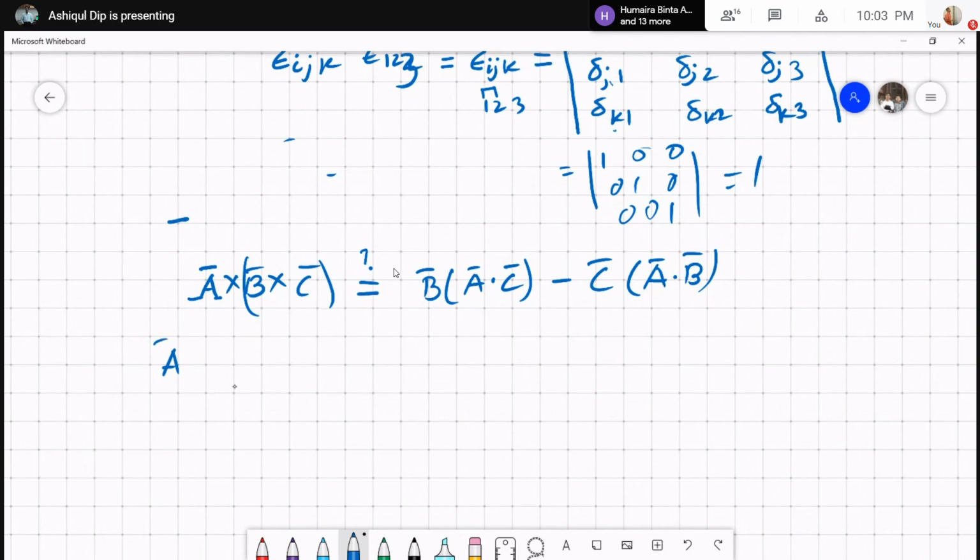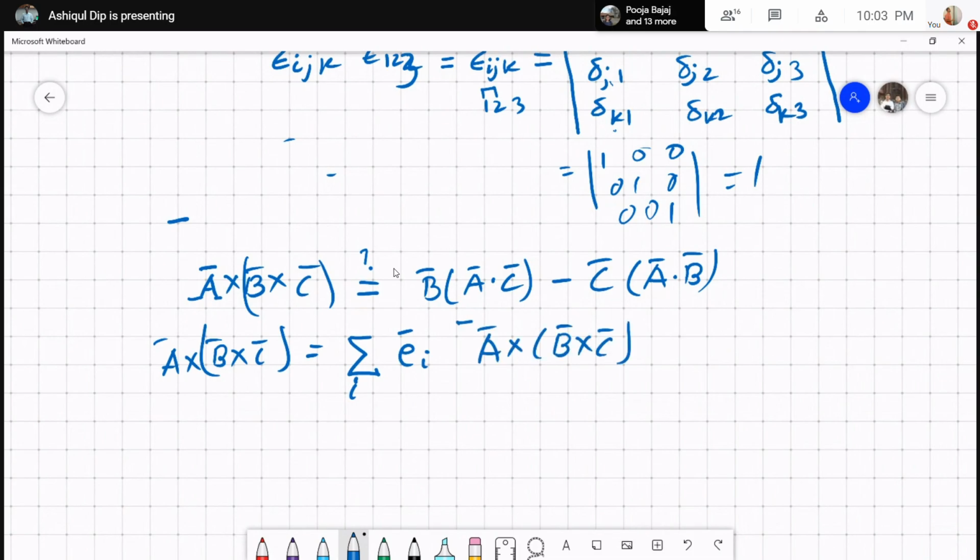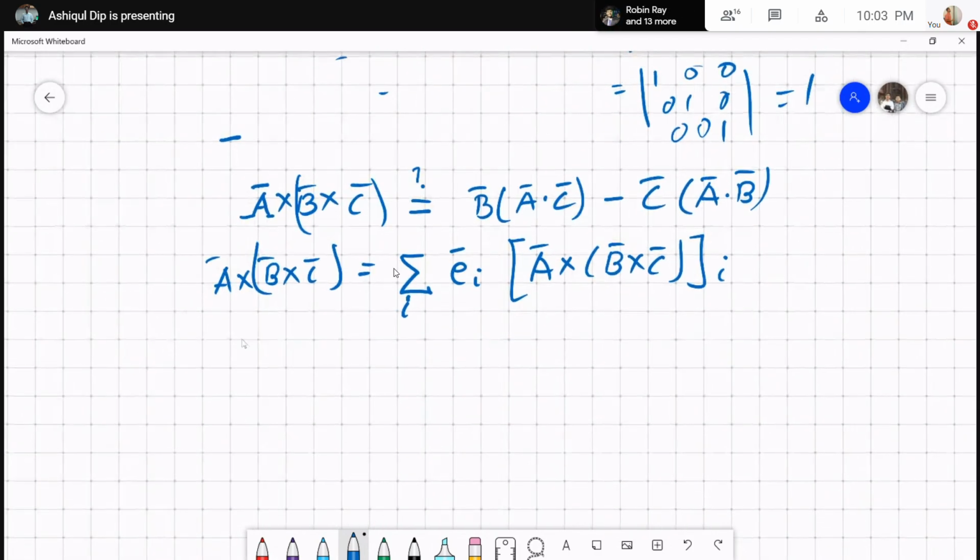So A cross B cross C will be the sum over i, e_i, and, as you have introduced the Einstein summation convention, so you can give us the sum notation. I think not everyone is okay with that. Okay.